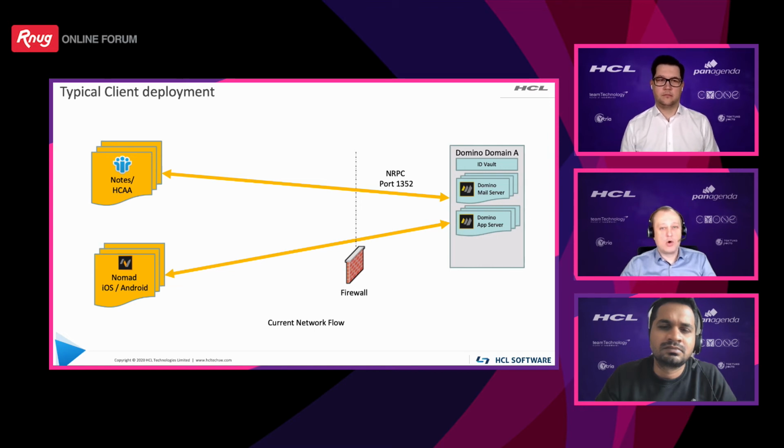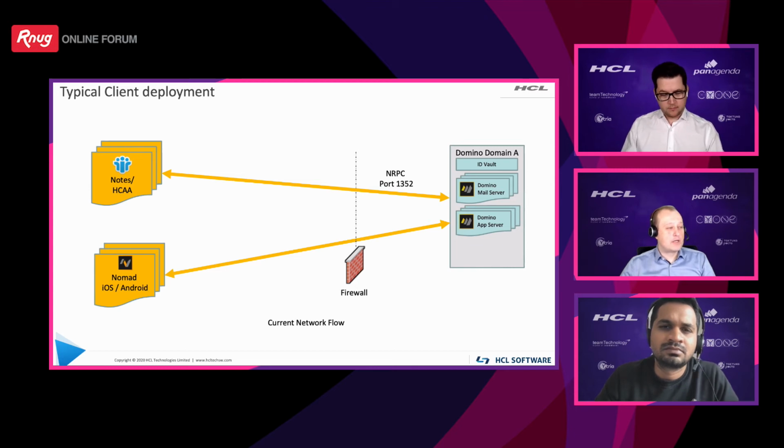That's all okay on the intranet, but once your Notes client is on the web, there is a firewall in between, sometimes even 2 firewalls, which prevent the usage of port 1352 in many cases.